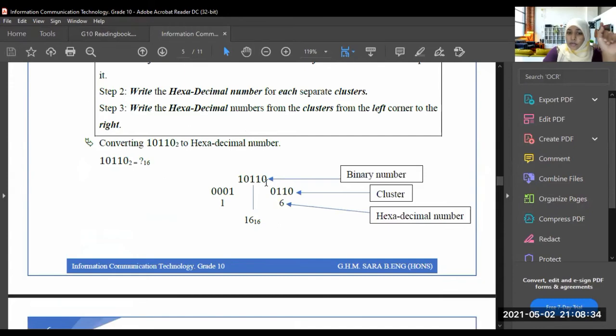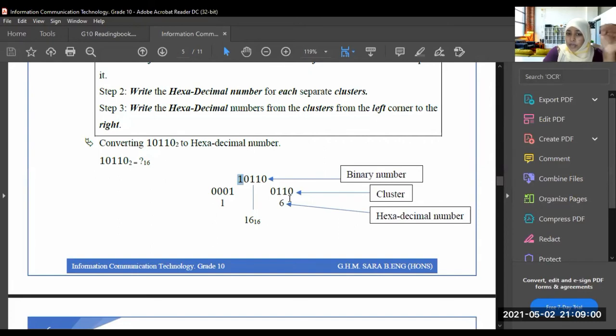So when you are grouping it into 4 bits, 0110 is one cluster, then one only remains now. Before the one, apply zeros to complete the 4 bits. Then take the answer.